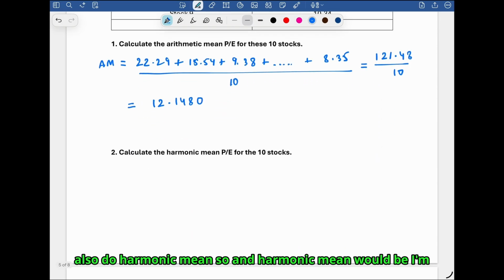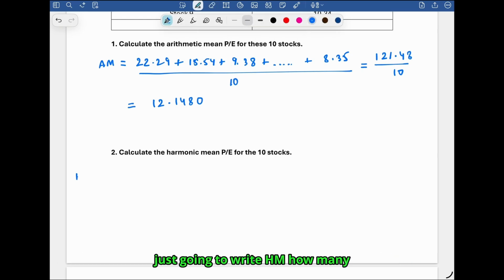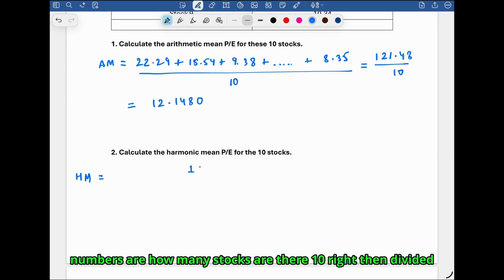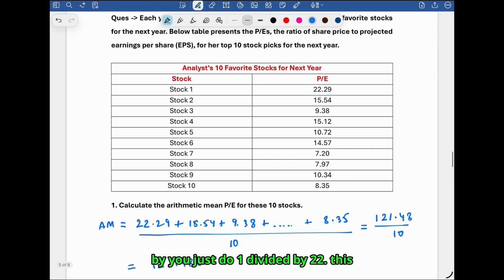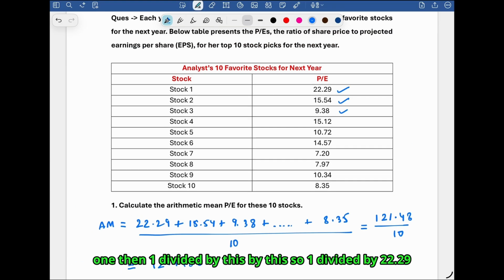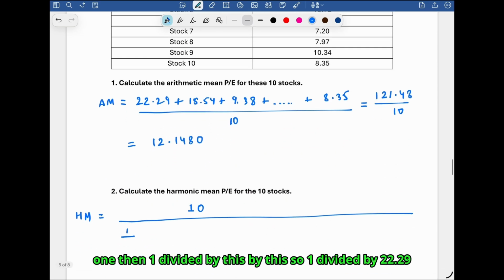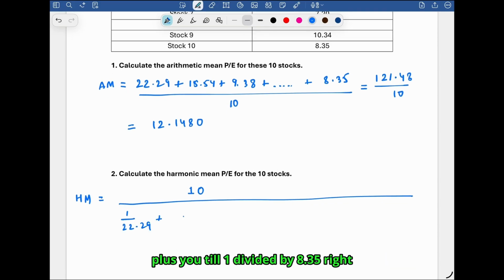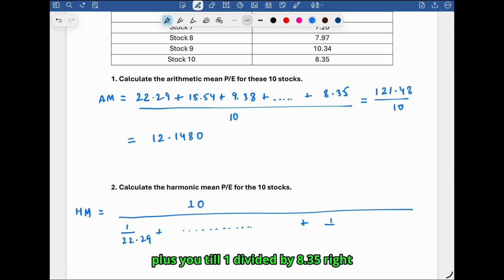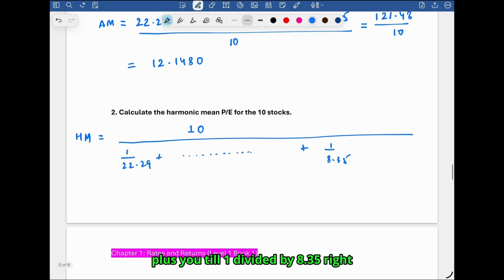What about harmonic mean? Let's also do harmonic mean. I'm just going to write HM. How many stocks are there? 10, right? So 10 divided by 1 divided by 22.29 plus and so on, till 1 divided by 8.35, right?